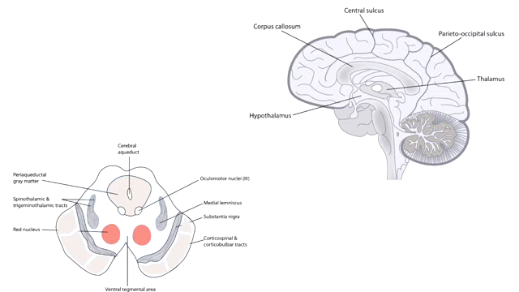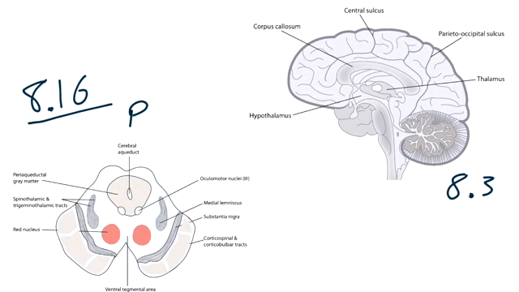Here on the left we have figure 8.16, and on the right we have figure 8.3, both of which were discussed previously in this chapter. Looking at figure 8.16, if we're looking at the dorsal or posterior aspect of the midbrain, we can identify the superior colliculi.